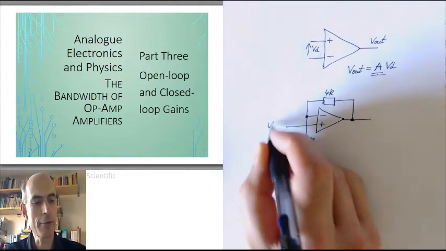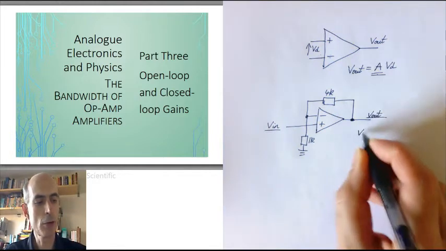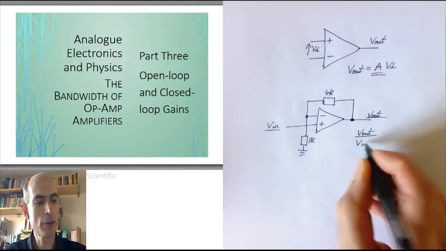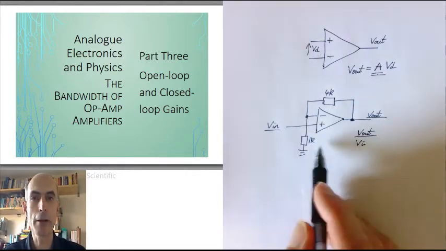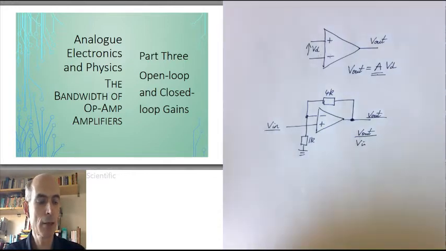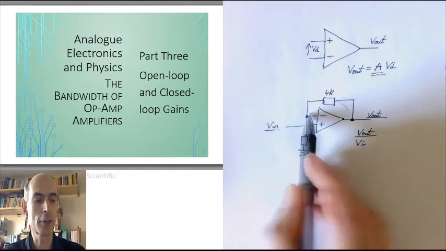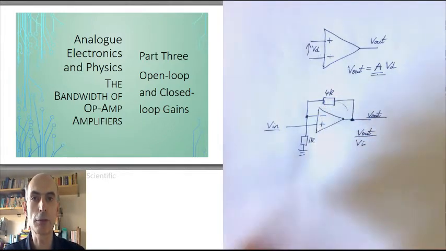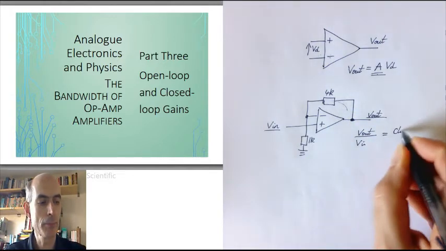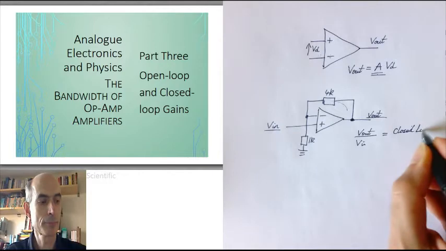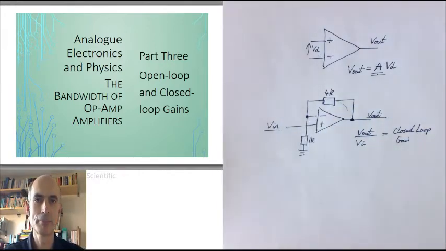I would have Vin here and Vout here, and Vout over Vin is the gain of the whole amplifier, an amplifier built using an op-amp. This is a gain including the effect of this feedback that comes through this 4K feedback resistor. So this is what we would call the closed loop gain. It's the gain after we've closed the feedback loop.